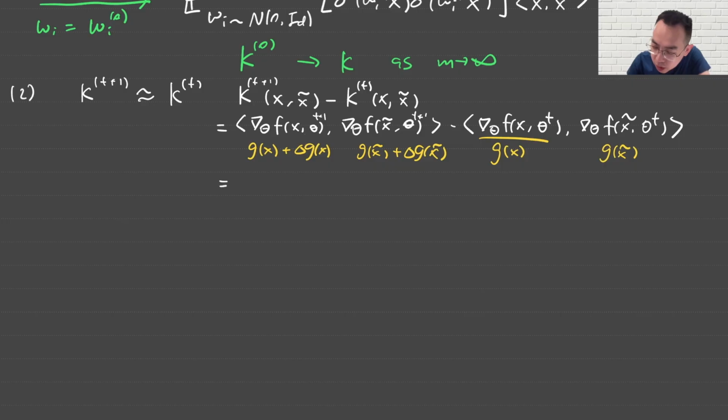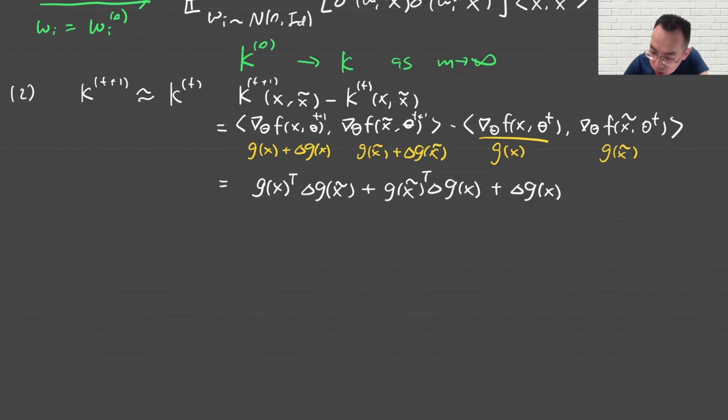Okay, so now we can just keep expanding this dot product, and what we have in the end will just be gx transpose times delta gx tilde plus gx tilde times delta gx transpose plus delta gx transpose delta gx tilde, right?